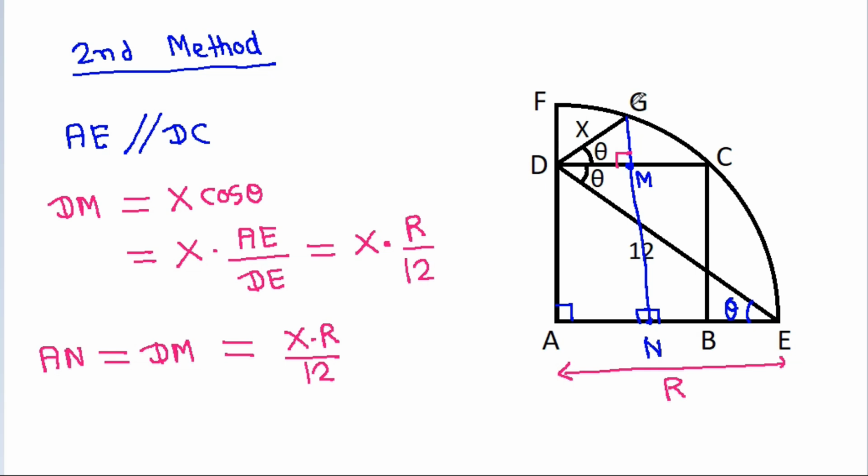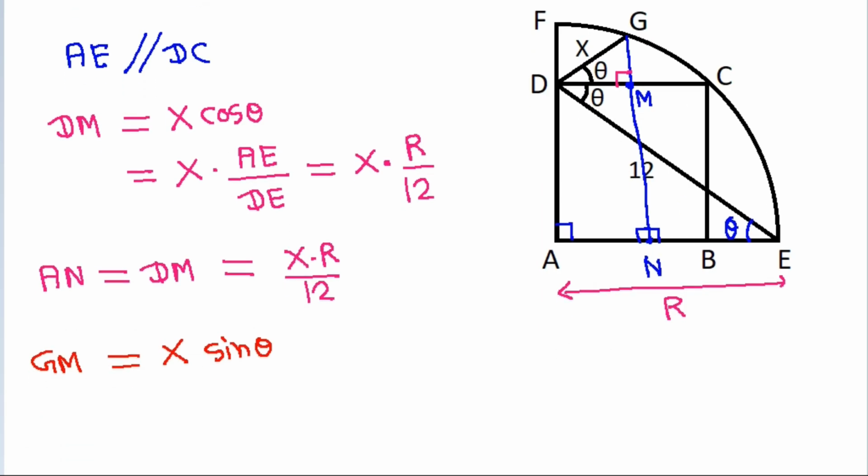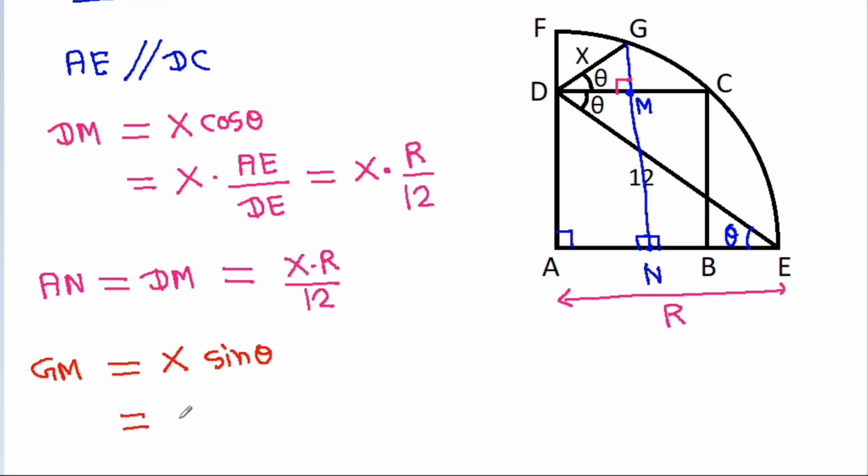and also GM, it will be equal to x sin theta, and it is equal to x times, and from here sin theta, it will be AD by DE, and AD is y, so it will be x times y by 12.